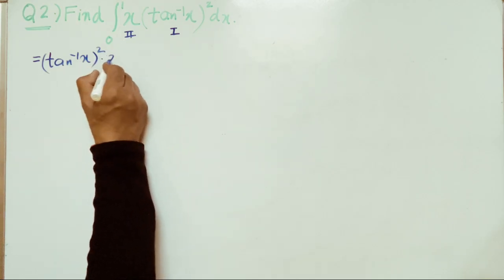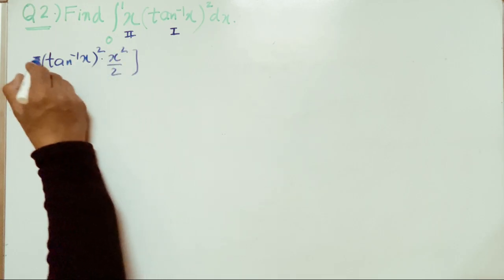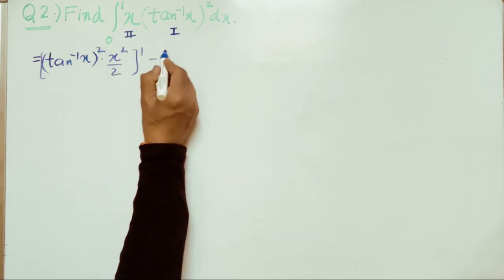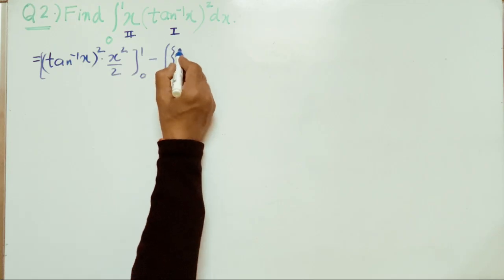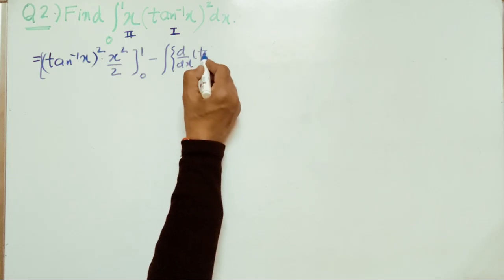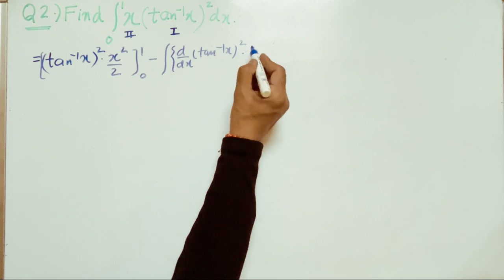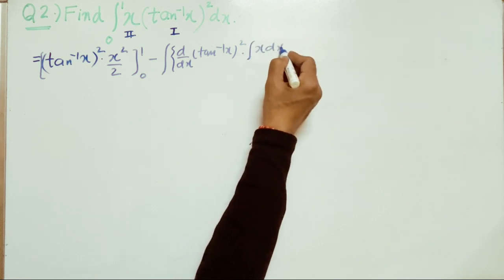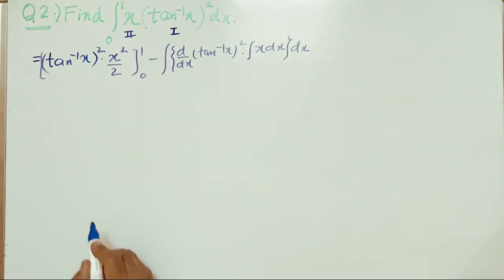So the integral of x will be x square over 2. Limit is from 0 to 1, minus integral of d by dx of the first function, meaning (tan inverse x) whole square, into integral of the second, dx.